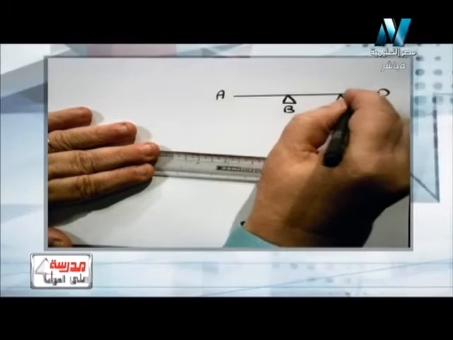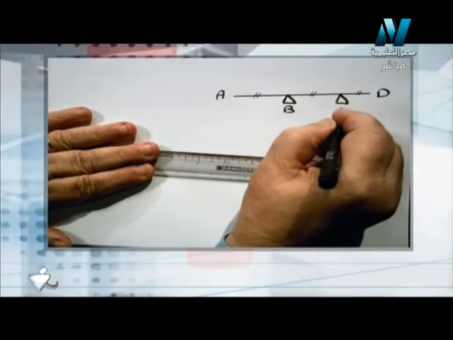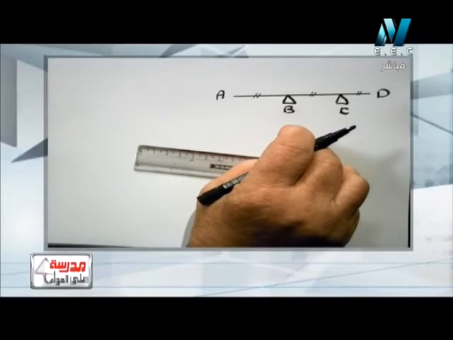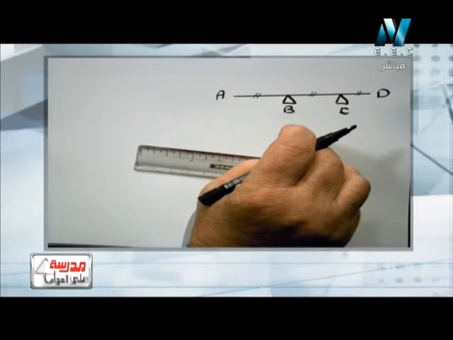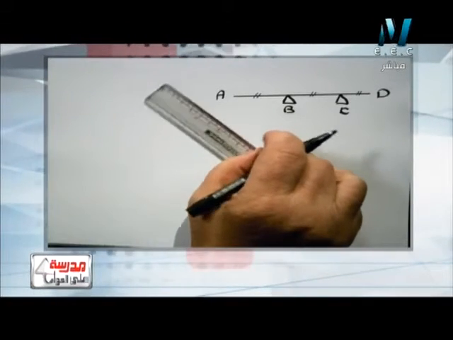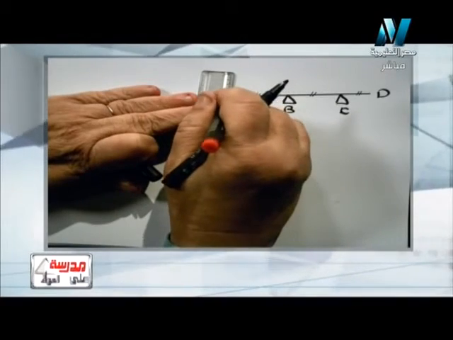Three distances are equal. بعد كده بيقول لنا if a 5 kilogram weight is suspended at A. Suspended at A. يبقى هنا at A we have 5 kilogram weight.